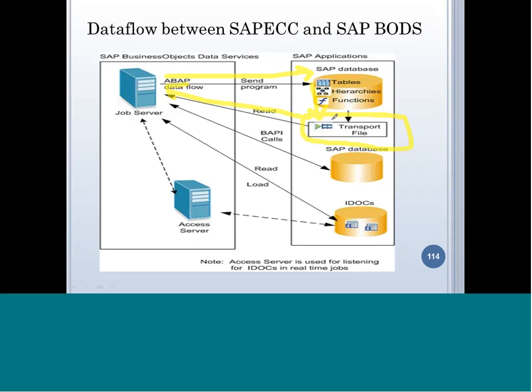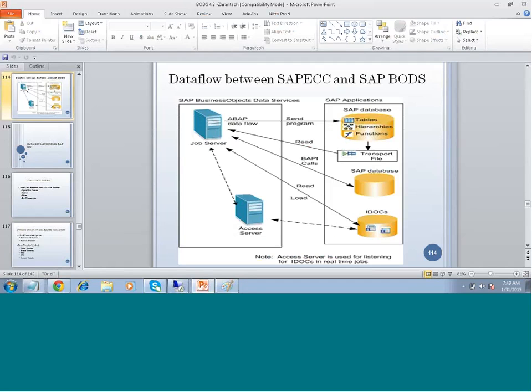If you remember, when we used an ABAP data flow, we selected the generate and execute option. The ABAP data flow will generate the ABAP code of whatever we have, and that ABAP code will be executed against an SAP server. That is what is meant by generate and execute.